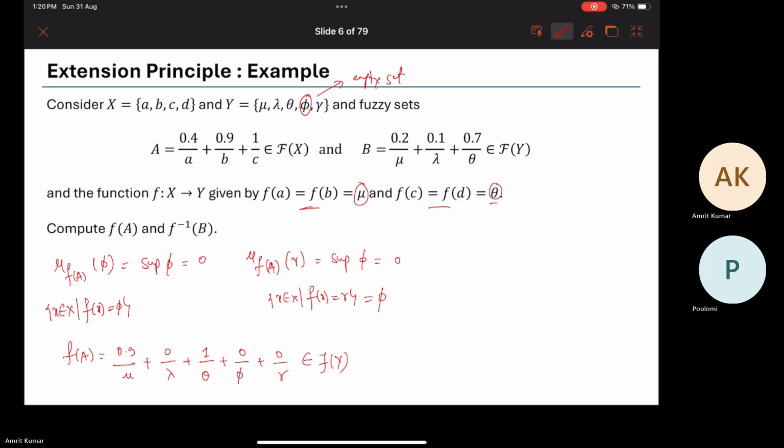Okay. So moving on. We need to compute the F inverse of B. B is a fuzzy set over Y. When we apply F inverse to it, we end up getting a fuzzy set over X, and the membership of F inverse of B is given in this manner.